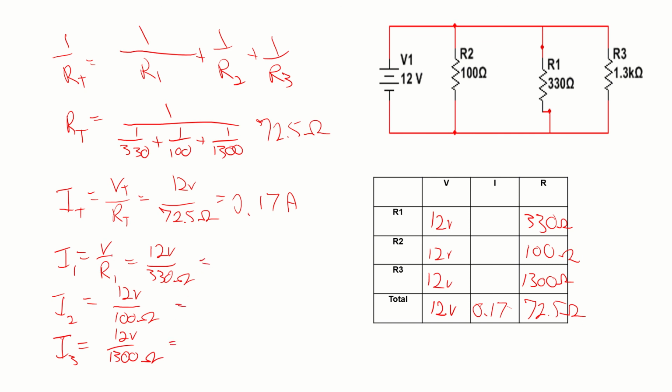Let me do those. 12 divided by 330 is 0.036. And then 0.12. And 0.009.